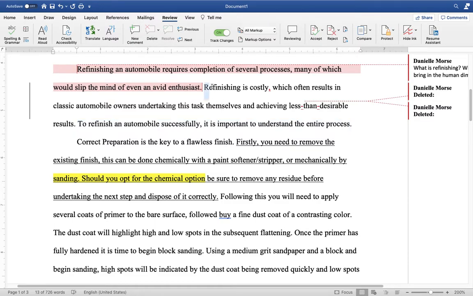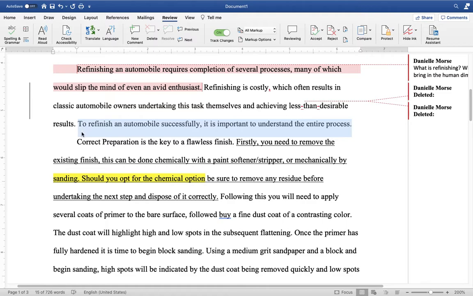Like, the writer says here refinishing is costly. Is that a reason why somebody should refinish it themselves? Because here the writer is saying, okay, classic automobile owners do it themselves, but they don't get the results they want. So they need to understand the entire process.